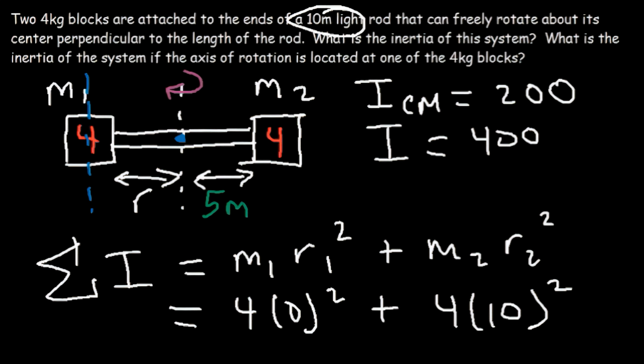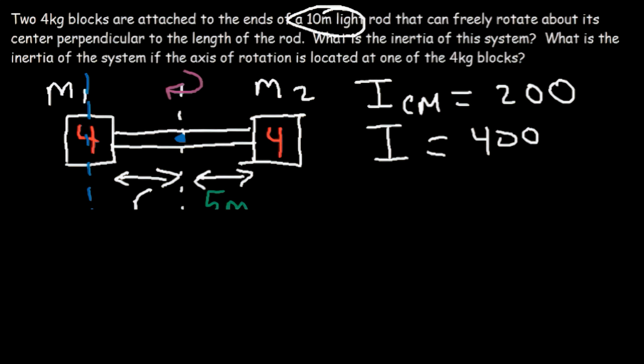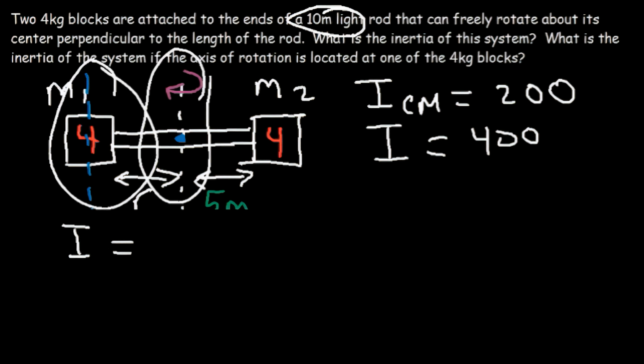Now how can we use the parallel axis theorem to get the same answer? The parallel axis theorem allows you to calculate the inertia of an axis that's parallel to the axis that passes through the center of mass. So here's the equation.